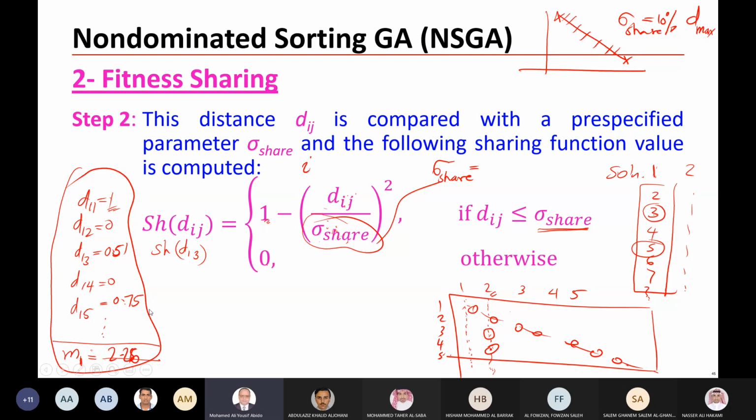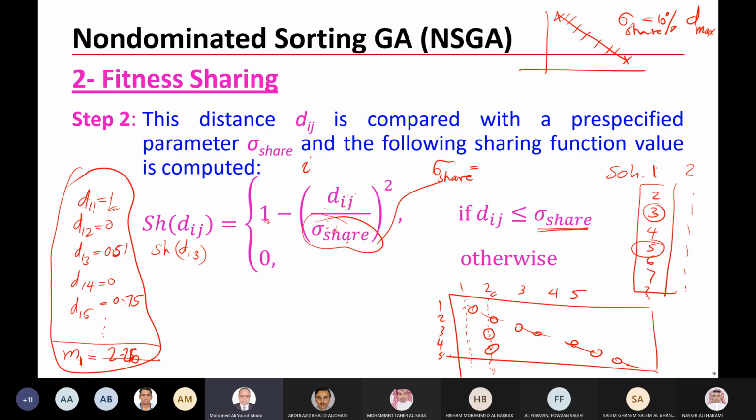Is it clear, Fawzan? Yes, but Doctor, when we said the range of sigma share here, should it be greater than 1 or less than 1? Definitely less than 1.